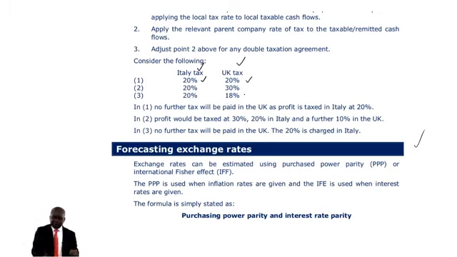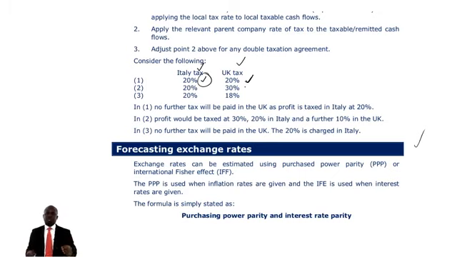So if I have already paid the 20% in Italy before I brought the net cash flows into the UK, the taxman in the UK will say, because there's a double taxation agreement between the two countries and you have already paid 20%, you are not going to pay any extra.